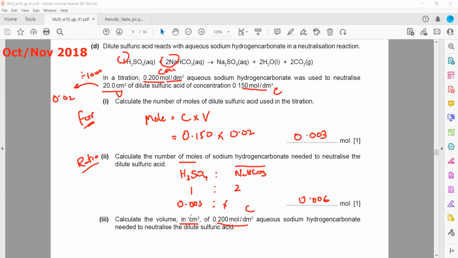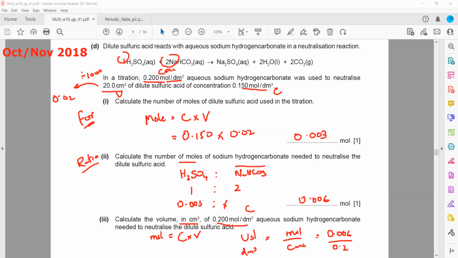The formula which relates moles and concentration is moles equal concentration into volume. But in the question we need the volume, so volume will be moles divided by concentration. That will give us the volume, but that answer is in decimeter cube or dm cube. So moles, we have 0.006 moles, and the concentration is 0.2.